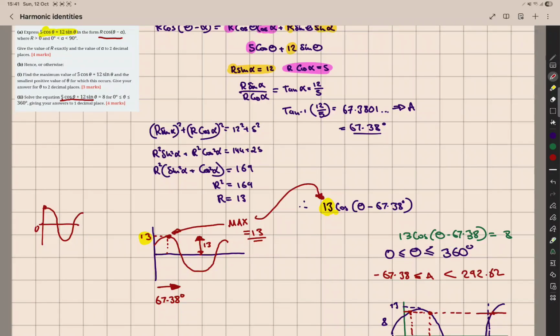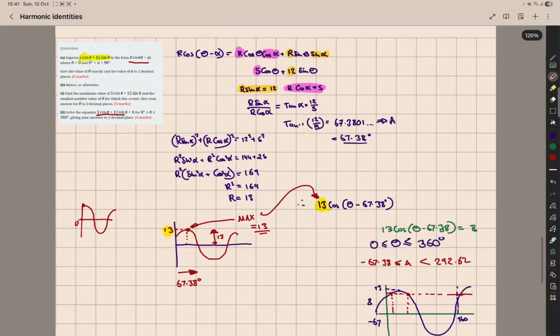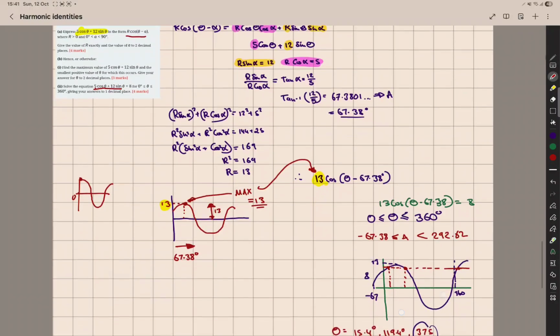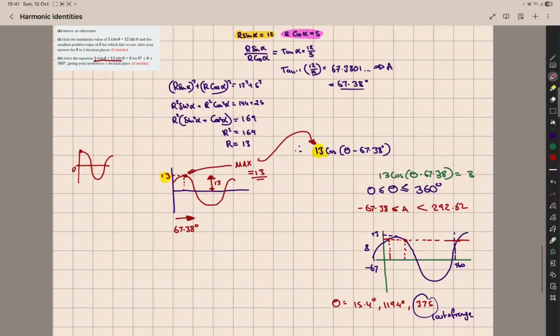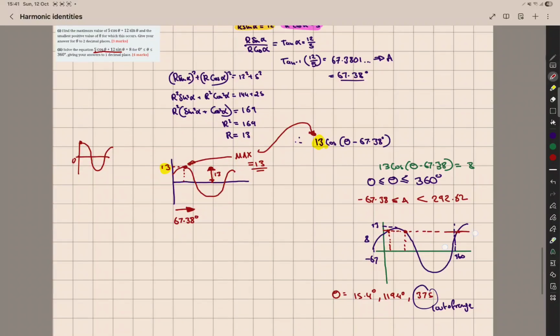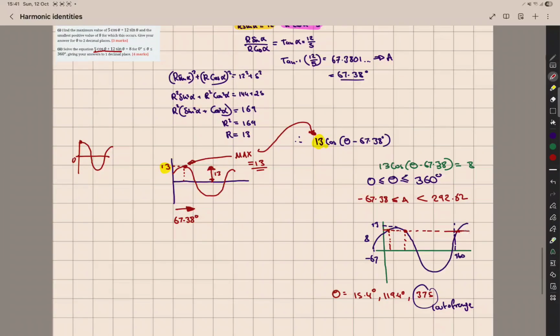Taking into account my transformation, this is now going to go from minus 67.38 to 292.68 degrees. I can see the shift down here represented on the graph. Using a calculator, you can very quickly see where these points intersect. There are going to be 2 points of intersection within range and one which is beyond the range of values. It's very easy to use your calculator and your solve button to double check what those are.